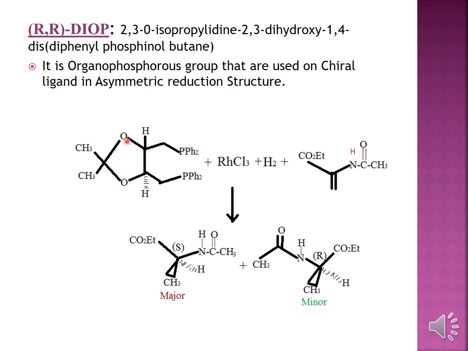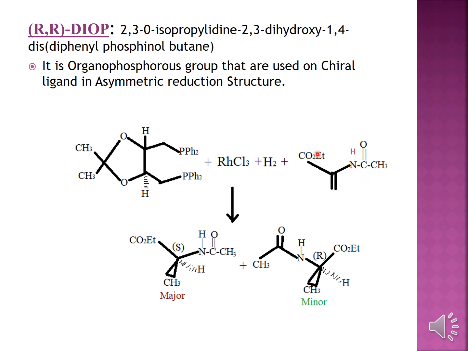In general, this is your diphenyl phosphino butane. You can see the dioxolane structure here. So, take the substituted dioxolane structure and treat it with rhodium trichloride in the presence of hydrogen catalyst.